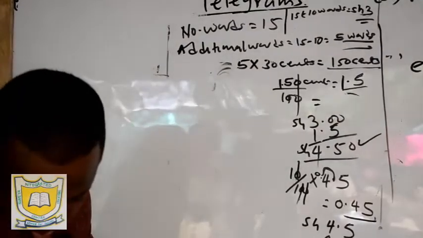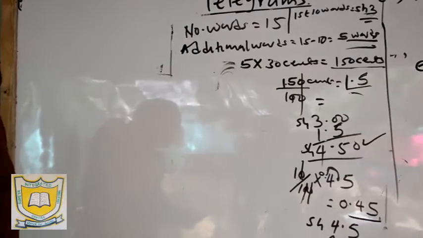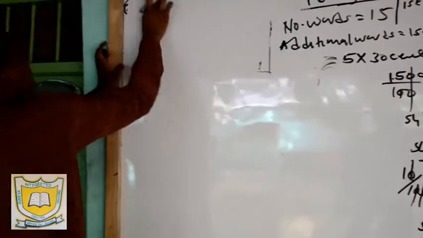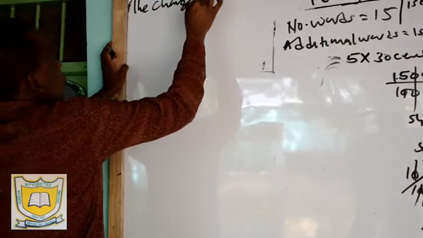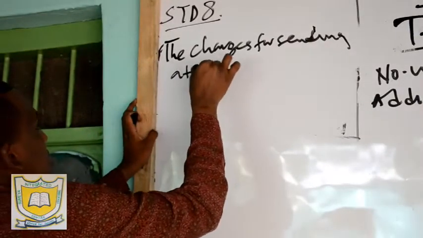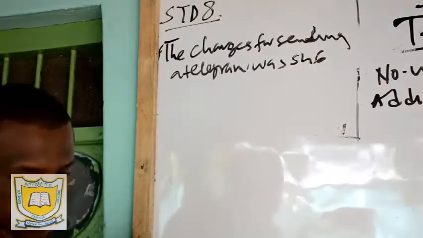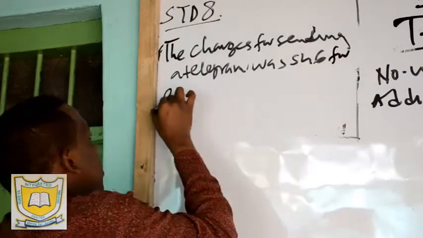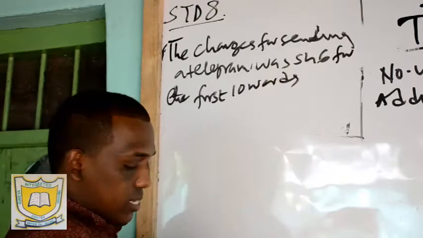Let us do another one. Here you are told the charges for sending a telegram was 6 shillings for the first 10 words.